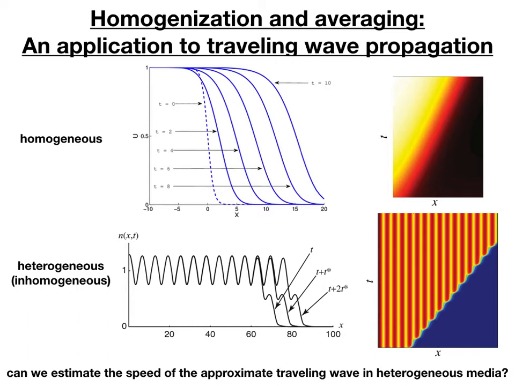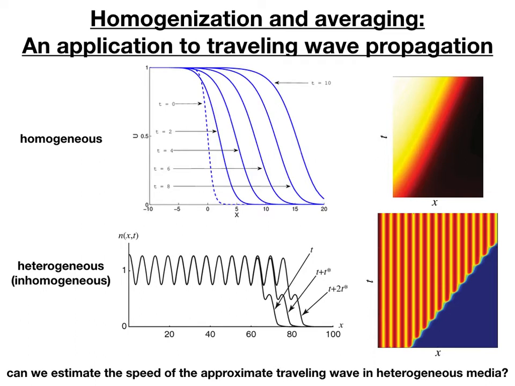The first line of figures here you see is the typical time lapse of traveling wave propagation in something like the bistable equation, where you have an invariant traveling front profile that simply moves to the right at some speed c.